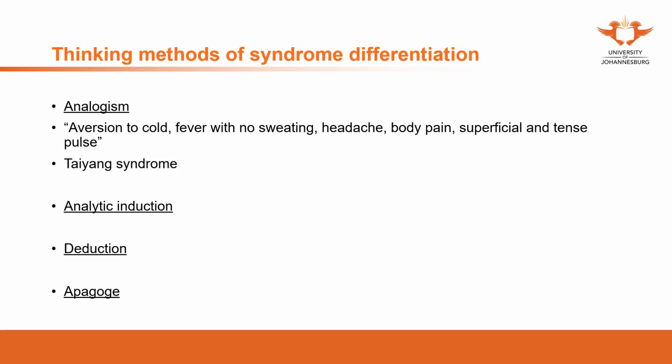The patient feels thirsty. And when you see the patient with red tongue and yellow coating with rapid pulse, in this situation, you will see that the disease or the pathogens have already developed into the interior. The patient doesn't feel aversion to cold anymore, so there's no exterior syndrome.